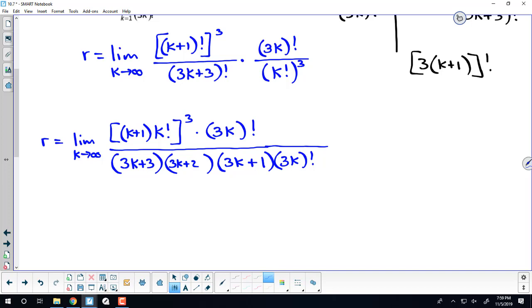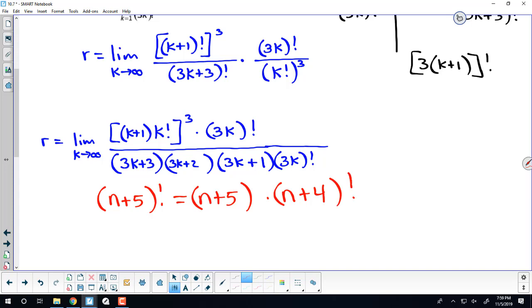So you can keep breaking the factorials down by 1 less in that pattern for whatever that expression is in the factorial. Is everyone okay with that? I mean, it's kind of weird, but if I have n plus 5 quantity factorial, I could write that as n plus 5 times n plus 4 factorial, or n plus 5 times n plus 4 times n plus 3 factorial.